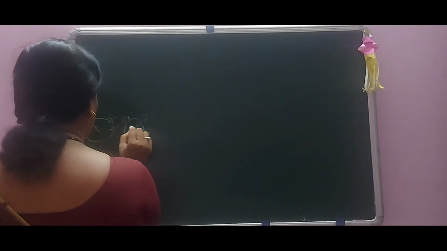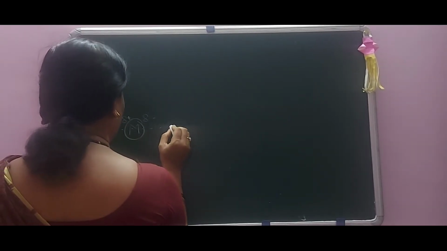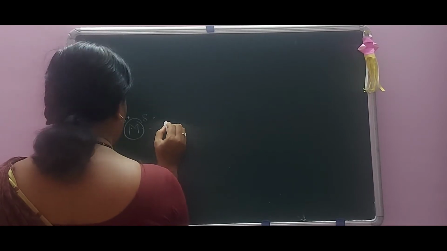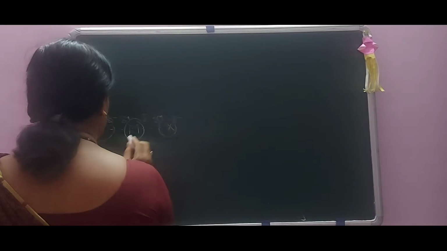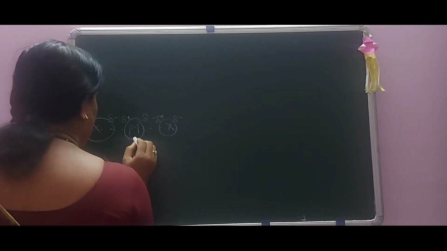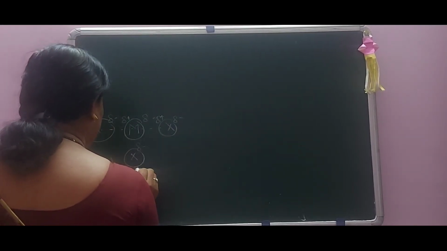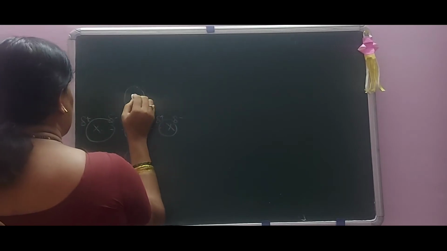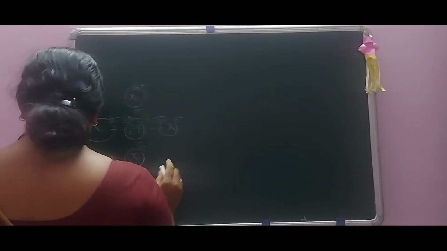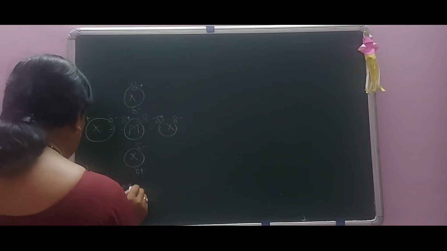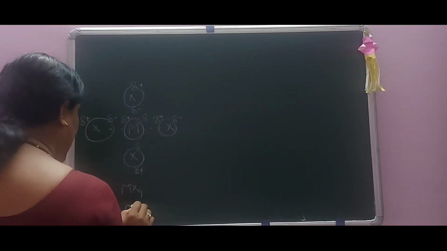Here also X, with delta plus, delta minus. Here also an X, delta minus, delta plus. Here also an X, delta minus, delta plus. Okay, this is MX4, a diagram.